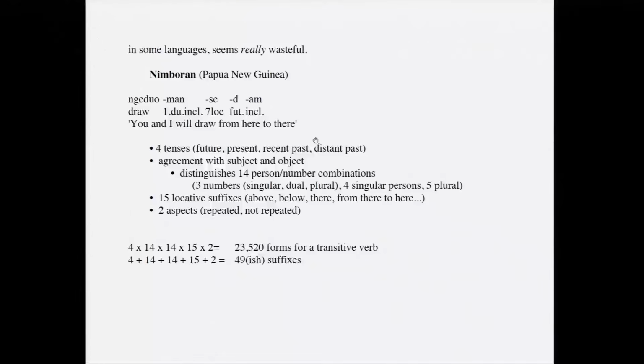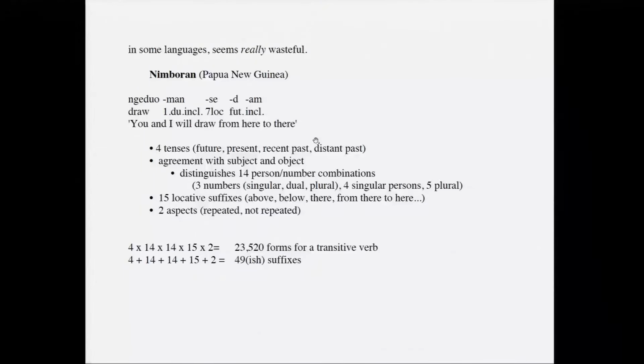In some languages, it would be really wasteful to try to have a lexical entry for every form of every word. Here's a language of Papua New Guinea. It's called Nimorin. It has 4 different tenses, future and past, and recent past and distant past. There are suffixes on the verb that tell you things about the subject and the object, where there are 14 different types of subjects and objects that it recognizes.